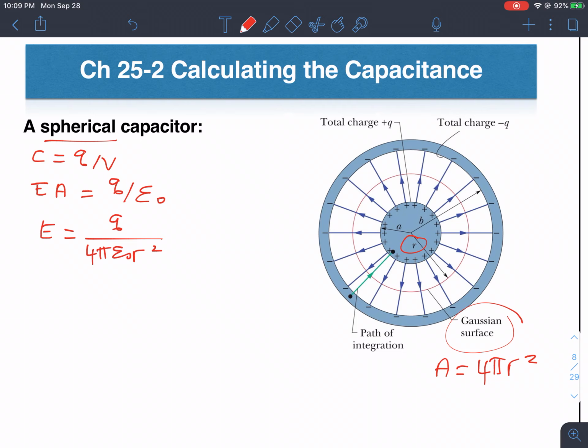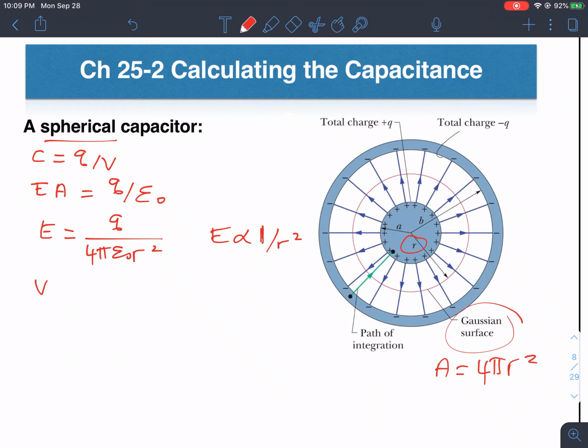That's the electric field, and this looks like a point charge equation, right? Because remember the shell theorem, we can condense the charge at the center as if it was a point charge, since we are finding the electric field outside of it. But it depends on 1 over r squared, so it is not constant.